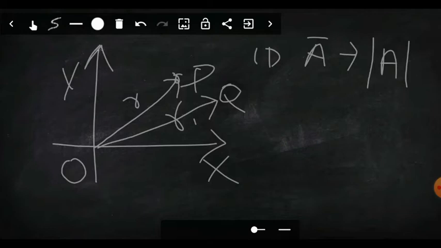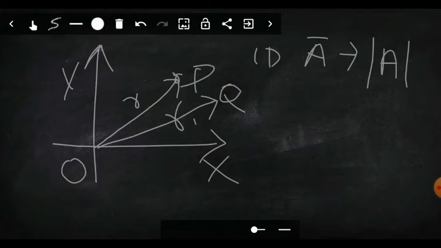In a rectangular coordinate system, we are using unit vectors whose magnitude is unity, or magnitude 1, indicating a particular direction. Mainly three unit vectors are used. To represent the x direction, unit vector i cap is used. To represent the y direction, unit vector j cap is used. To represent the z direction, unit vector k cap is used.